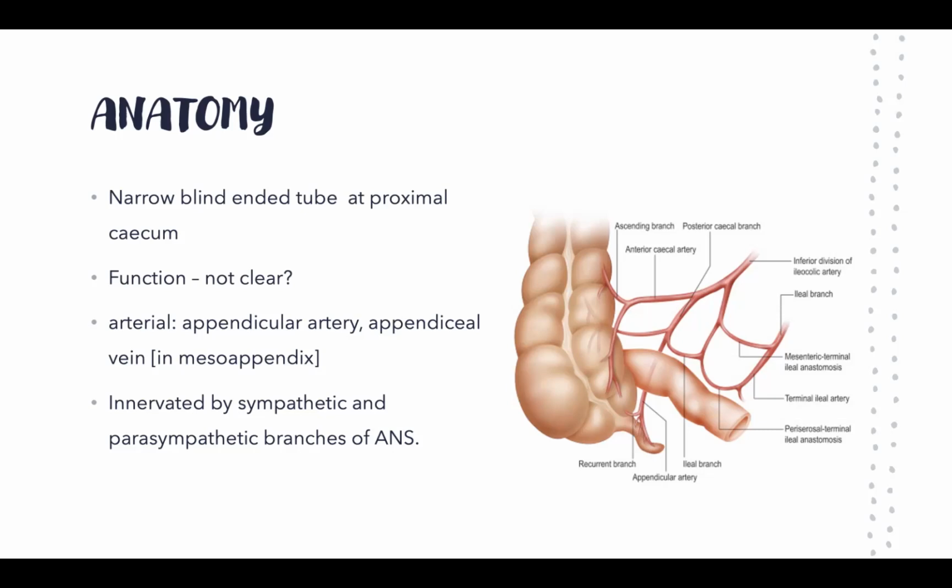So we've talked about the blood supply, and now we should know that it's also innervated by a bunch of nerves, sympathetic and parasympathetic branches of the autonomic nervous system. And this is quite important when it comes to pain. We'll talk a little bit about that.